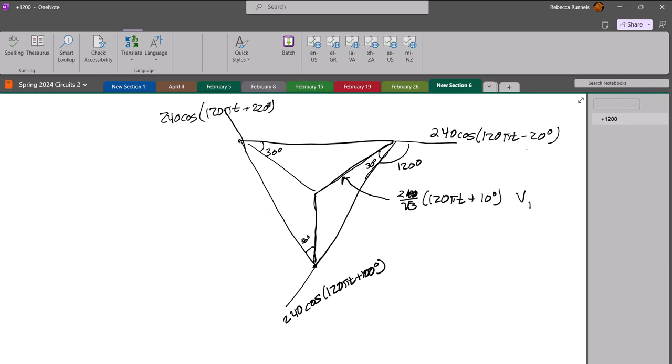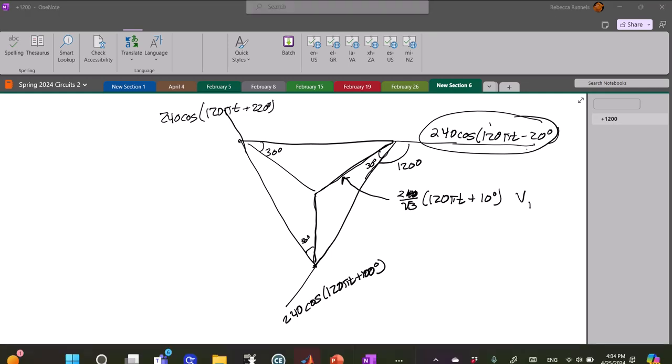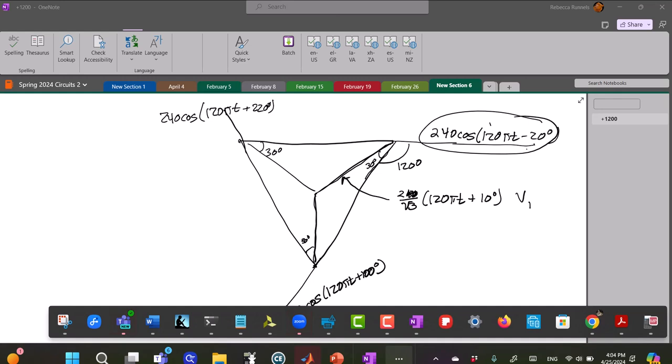Oh, well, if he has it the other way, then I chose this one because it's the way I labeled it. It goes with this one. This was V1 too, so that's how I had it. But I'll look at how he did it. Like I said, we didn't really do this in Circuits 2, but let me look at his PowerPoint. I thought I downloaded it.